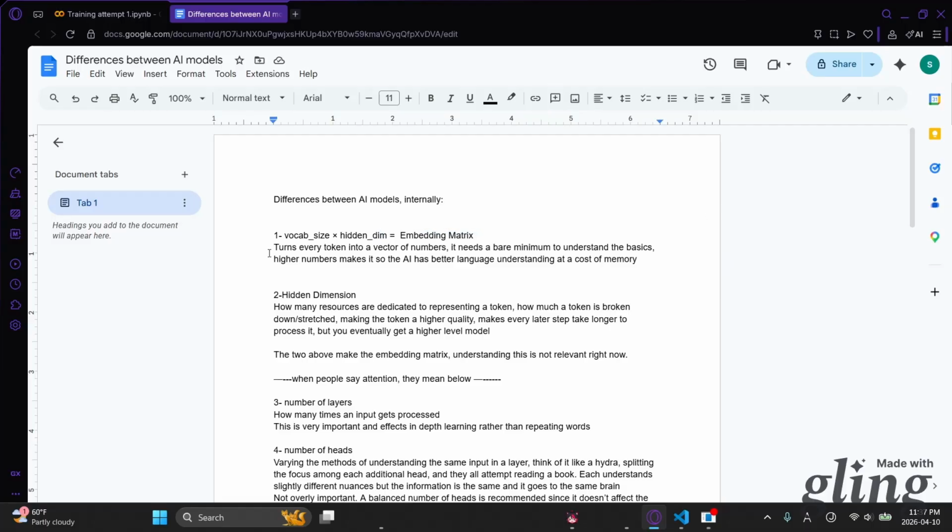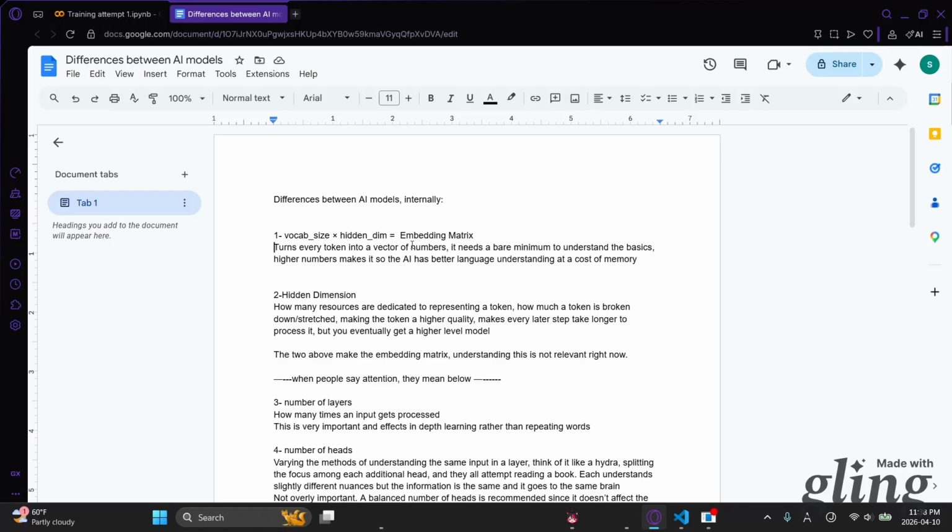So, vocab size basically grabs the tokens you have and turns them into a vector of numbers. There's obviously a bare minimum required to understand basic language, but you could turn this number way up so the AI doesn't give a confused response or fail to understand something.